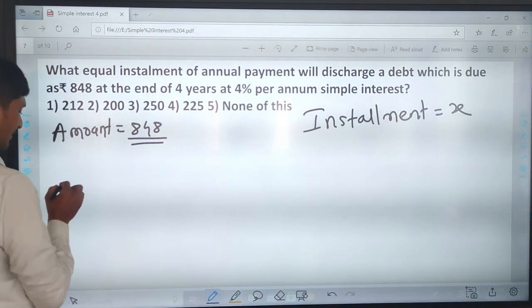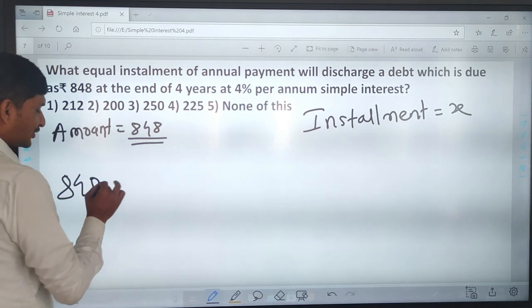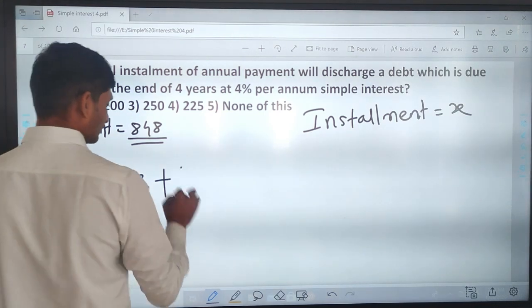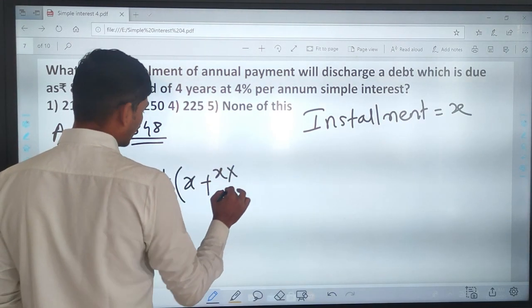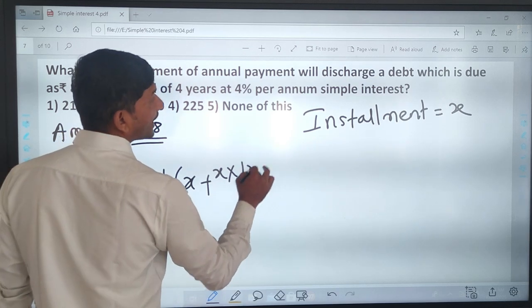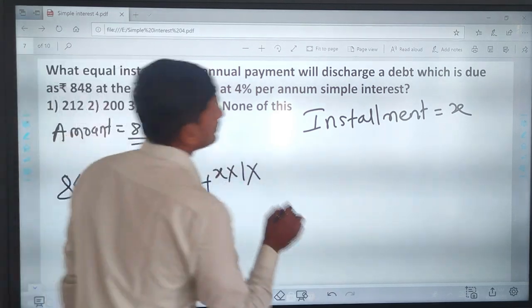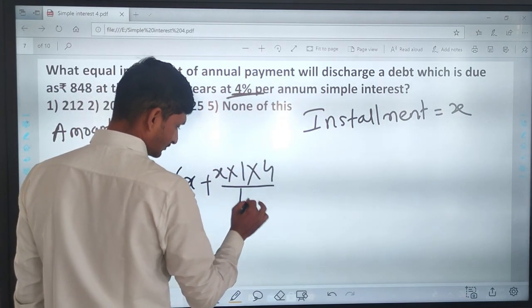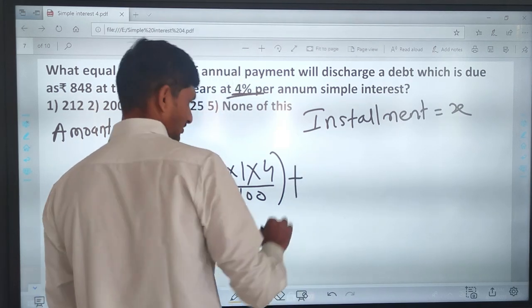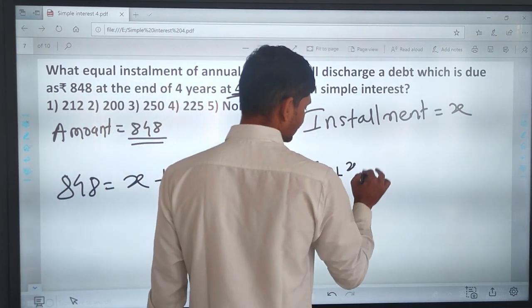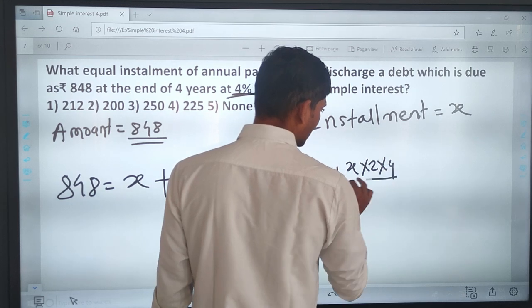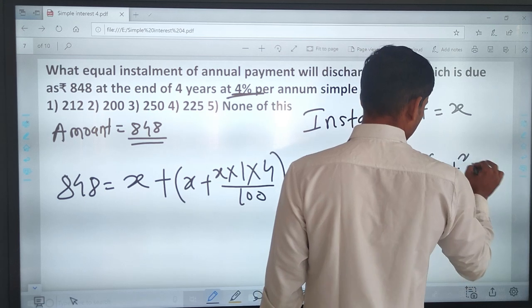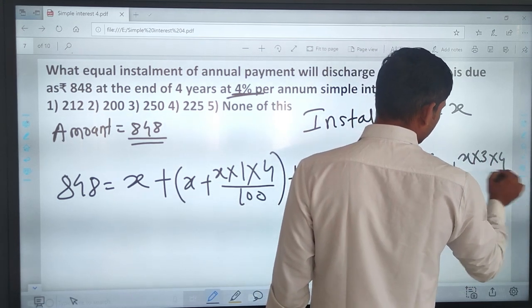Now you write here 848 is equal to your first installment x plus, now x plus interest for 1 year at 4%, plus interest for 2 years at 4%, plus interest for 3 years at 4%.